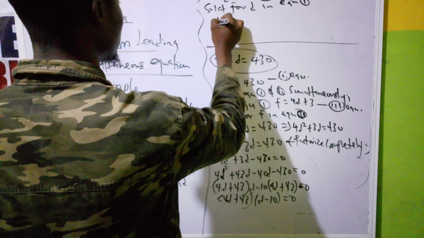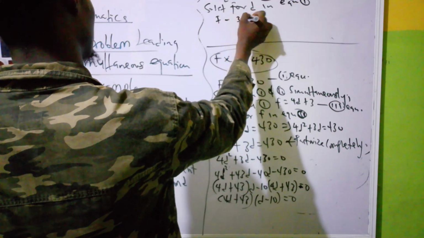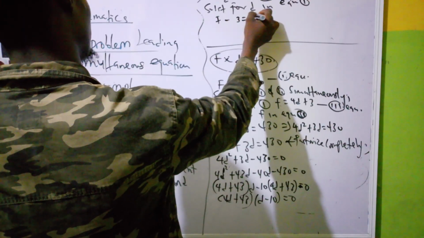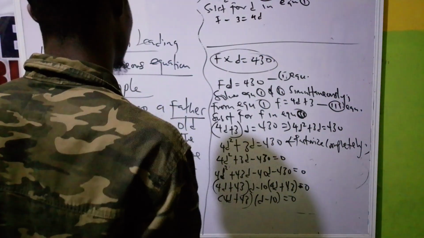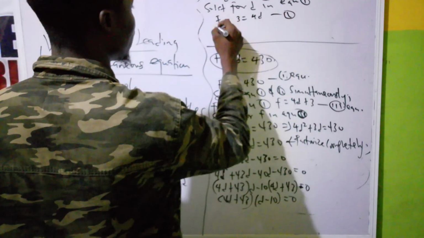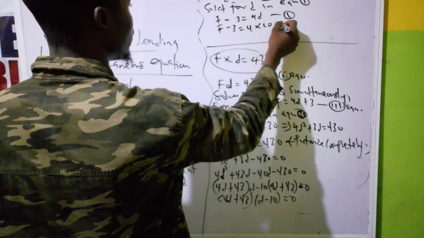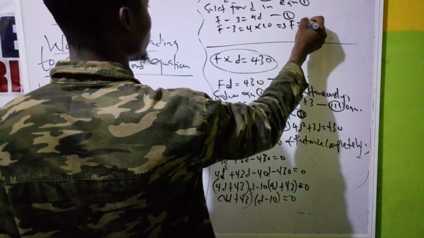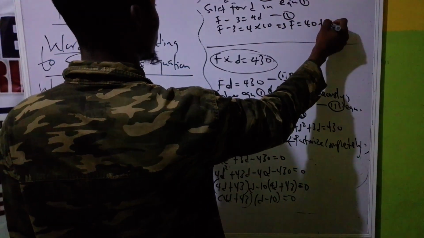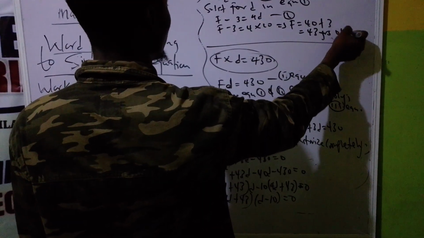Equation 1 is F minus 3 equals 4D. Where D equals 10, that will be F minus 3 equals 4 times 10, which implies F equals 40 plus 3. That's 43 years old.